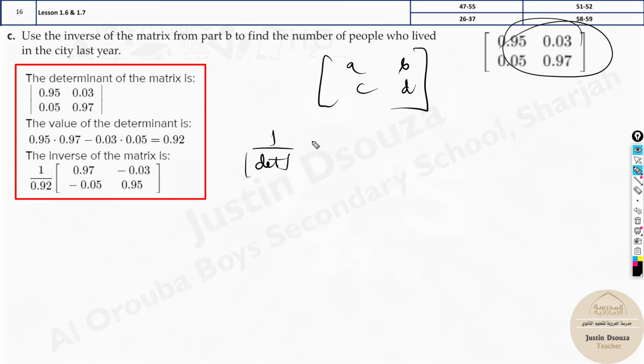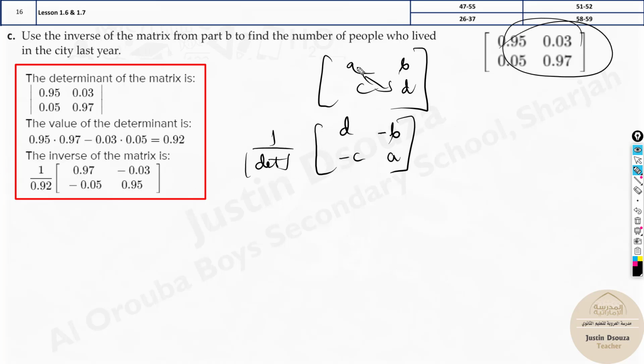So the determinant is written over here, and A and D swap, they swap each other. Then the remaining two terms are in the same position. B stays as B, but it's minus. And lastly, minus C. Now substitute over here, you will get the values and directly solve them.